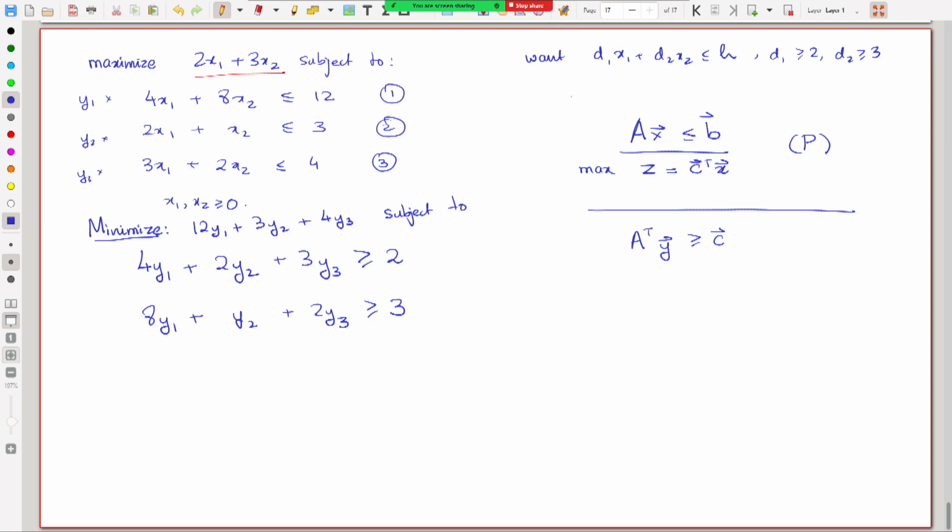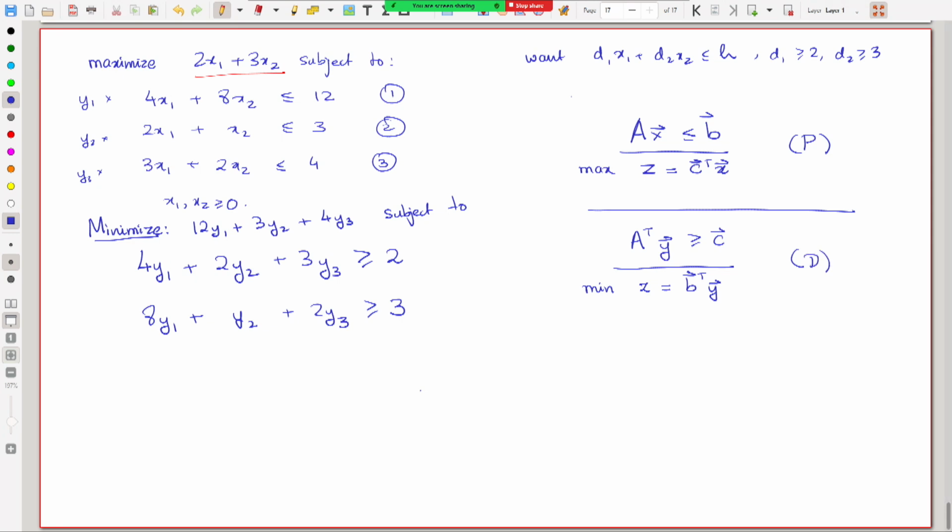Minimize. So, these 2 and 3 are the C. Z equal to b transpose y. This is called the dual.